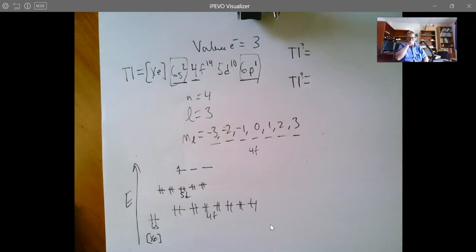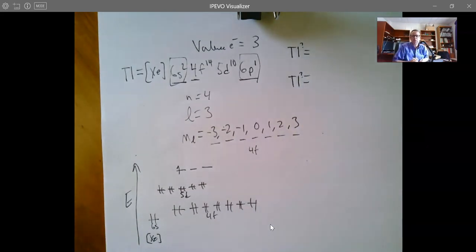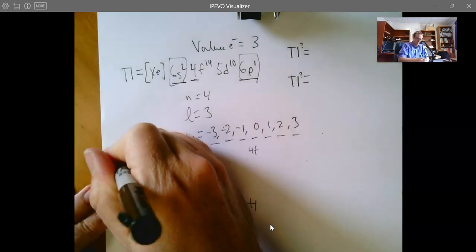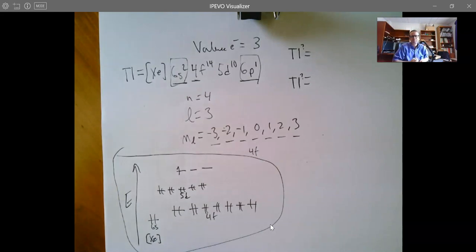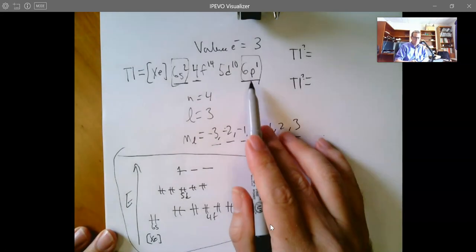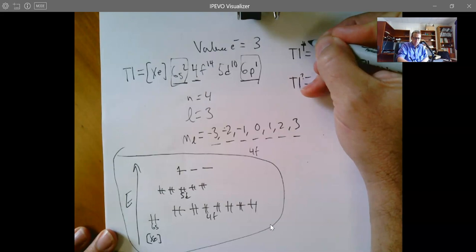Okay, excellent. So, what kind of chemistry do you think thallium would like to do by inspecting this orbital diagram? Any ideas? A +1. That's right. That's very good reasoning.